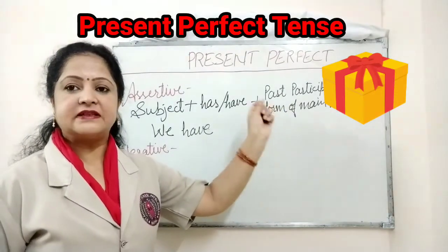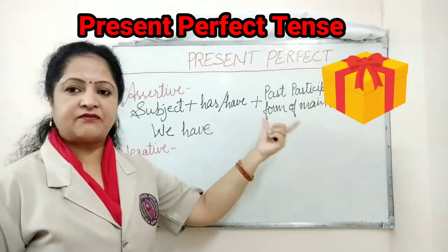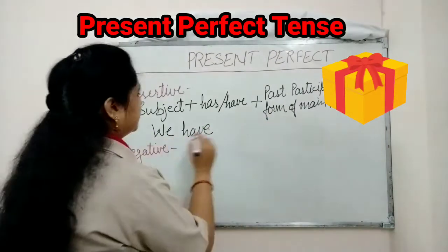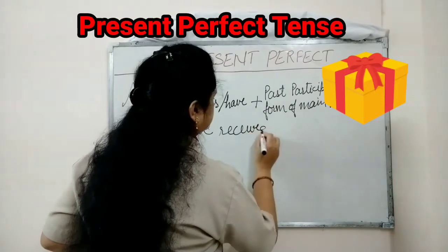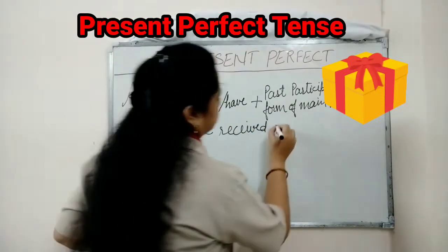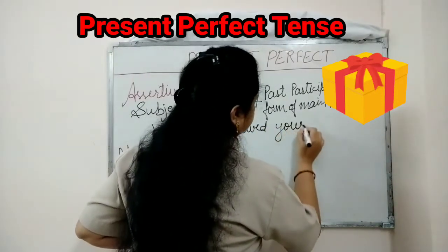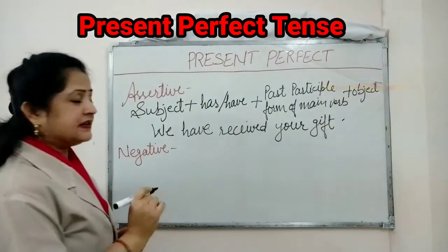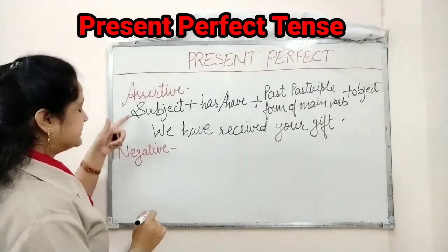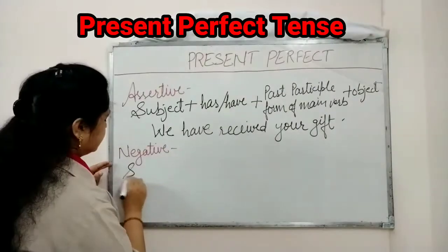The main verb is receive, so the past participle form of receive is received. We have received your gift. Full stop.